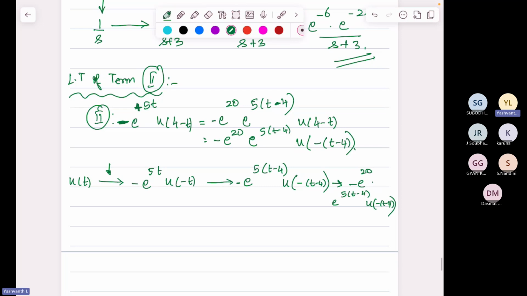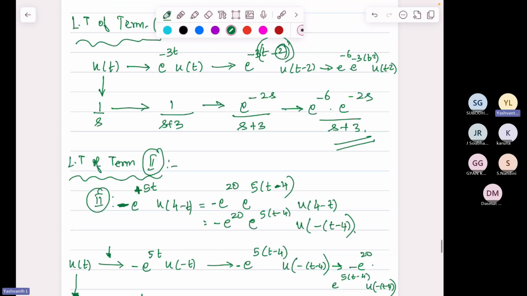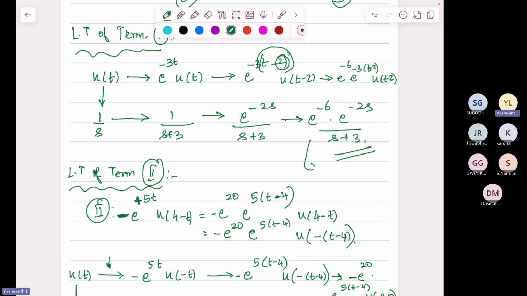Now we'll do the same: use the properties of Laplace transform and find the Laplace transform of term 2. u of t has a Laplace transform 1 by s. The Laplace transform of minus e power 5t into u of minus t is 1 by s minus 5, except that the ROC here will be real part of s less than 5. By the way, for term 1, what is the ROC?